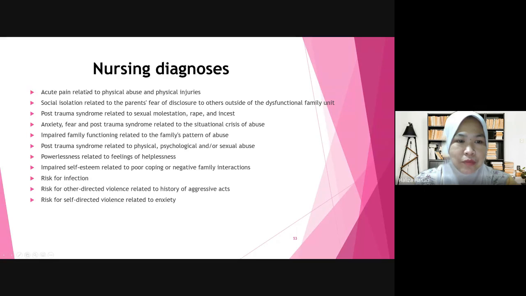Acute pain related to physical abuse, anxiety, impact on family functioning, post-trauma syndrome related to physical or psychological abuse. These are the nursing diagnoses we can use to plan our nursing management.